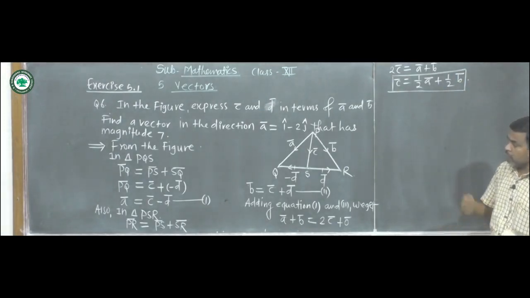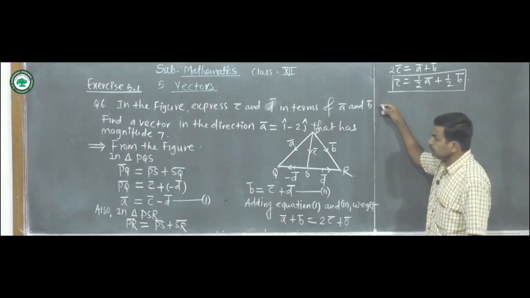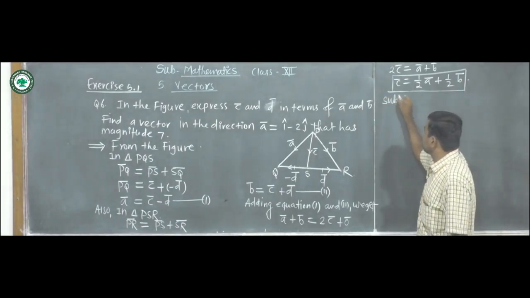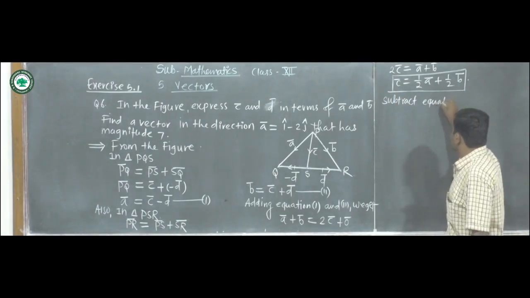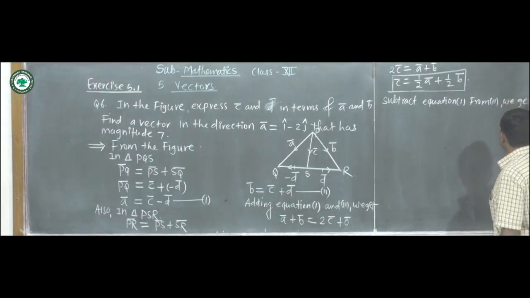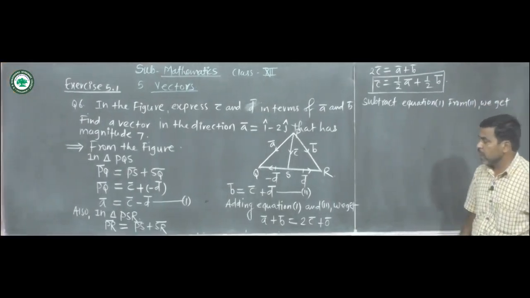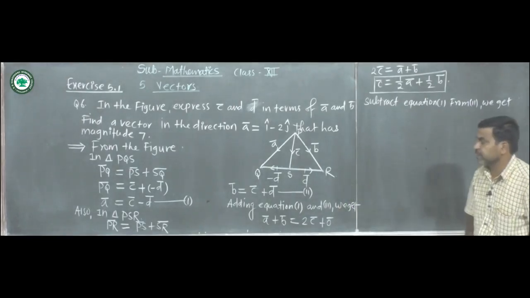Now similarly, we have to express D bar in terms of A bar and B bar. Okay. Now subtract equation 1 from 2 we get. So equation 1 is there and second is here.